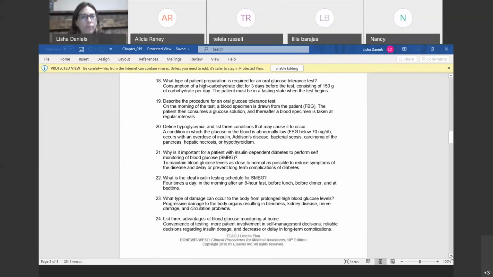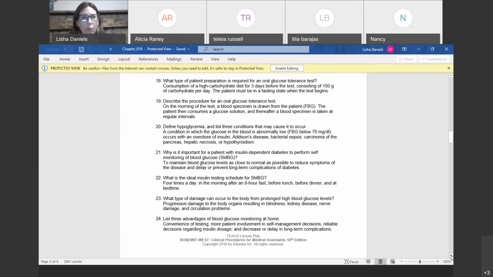Number 20, a condition in which the glucose in the blood is abnormally low occurs with an overdose of insulin, Addison's disease, bacterial sepsis, carcinoma of the pancreas, hepatic necrosis, and hypothyroidism.